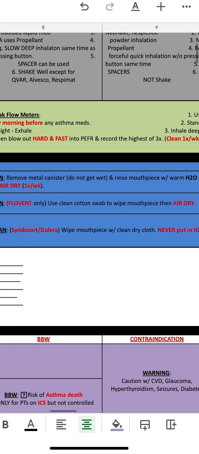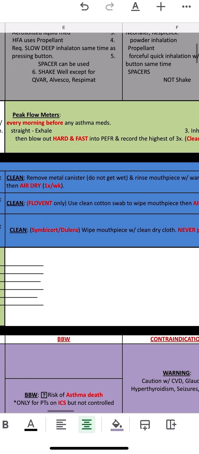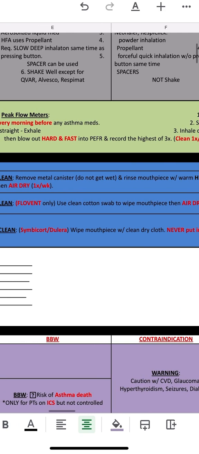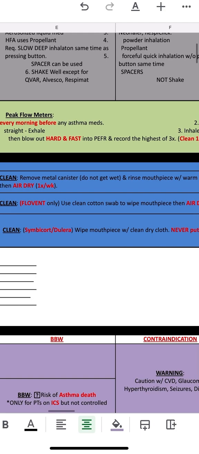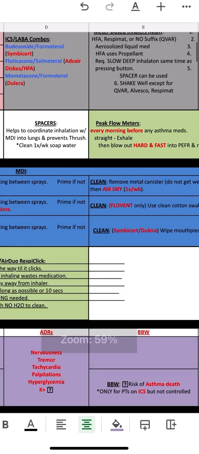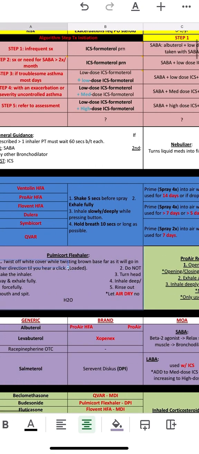So basically all these need to be air dried. Cannot put in water.